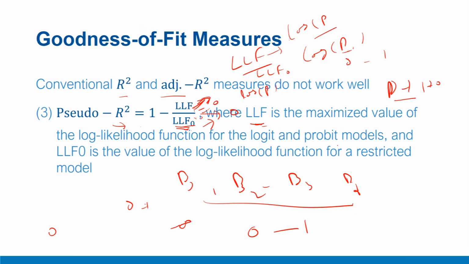So this is how we use goodness of fit measures for the logit probit class of models, which are slightly different from the conventional class of goodness of fit measures such as R square and adjusted R square. To summarize this lesson, among supervised learning models, classification algorithm is a very important tool employed in the finance domain for applications such as credit scoring of loan applications.